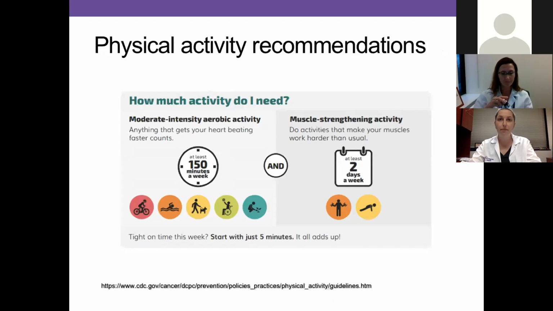Moderate intensity means you can talk during it. Or an hour and 15 minutes of high intensity aerobic activity, or some combination of both. In addition, they want you to do muscle strengthening activities at least twice a week. That would be working any combination of major muscle groups.